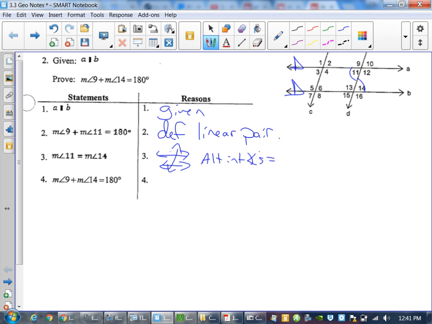How's that interior? Because 11 and 14, they are inside the lines on the opposite side. Okay. Inside opposite sides. Okay. Yes, ma'am.